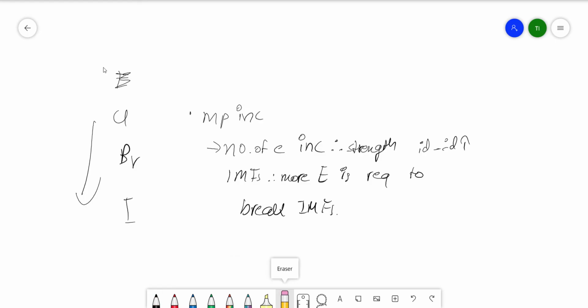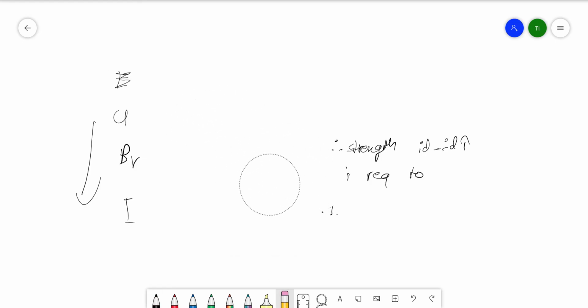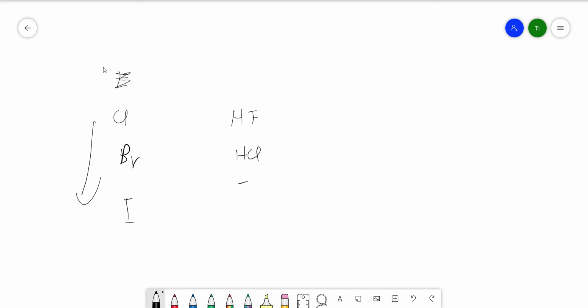That's one trend. However, when you think about the hydrogen halides, HF, HCl, HBr, and HI, what do you think would be the case down the group?